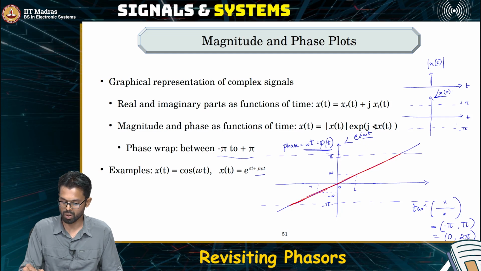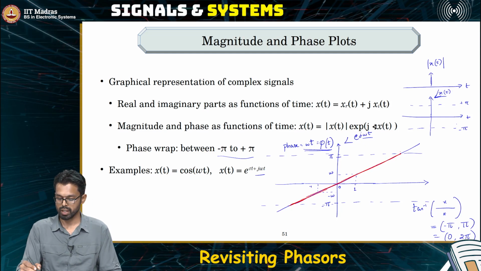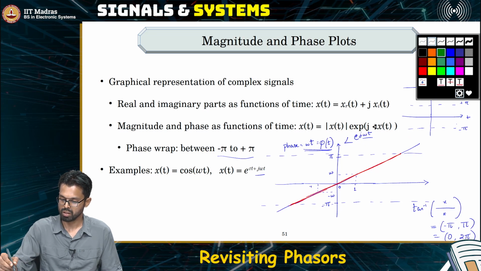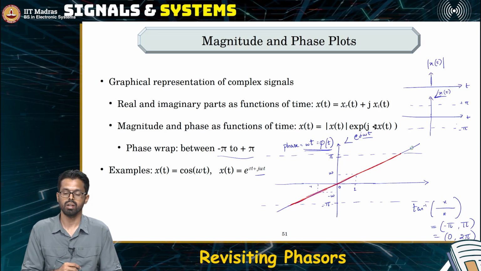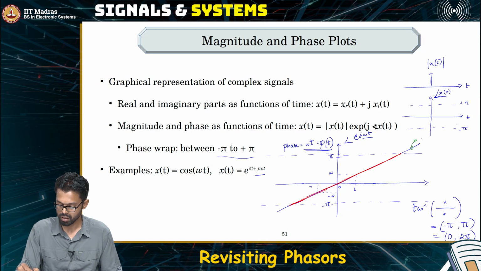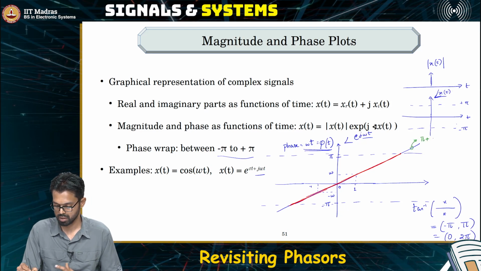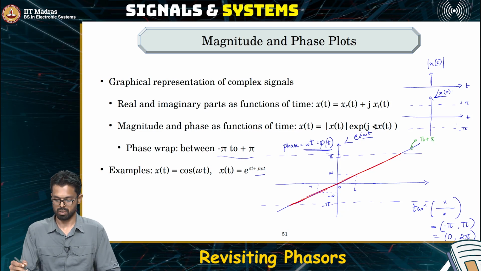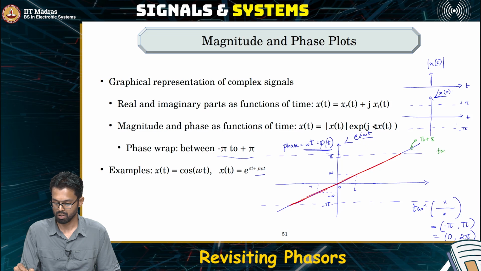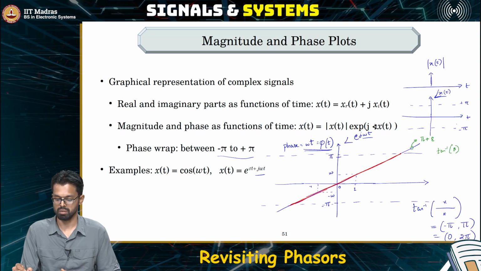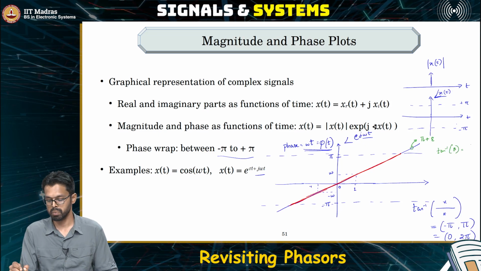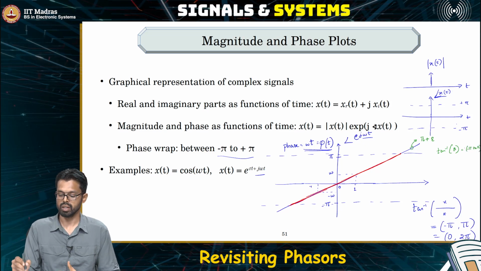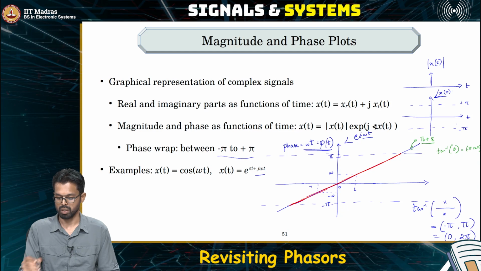But the moment I go out of this point, let's say I'm trying to plot the phase at this particular point, then it is pi plus, let's say, epsilon. But tan inverse of some theta is always going to be between minus pi and plus pi, right? So it cannot give a value greater than pi.